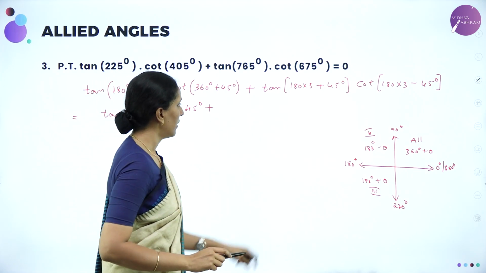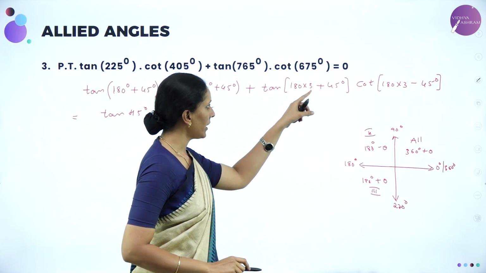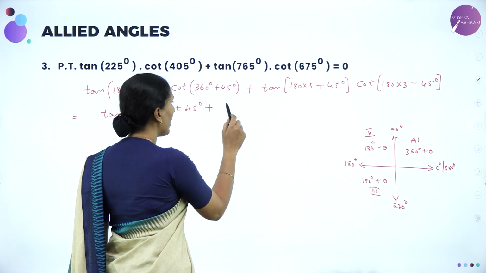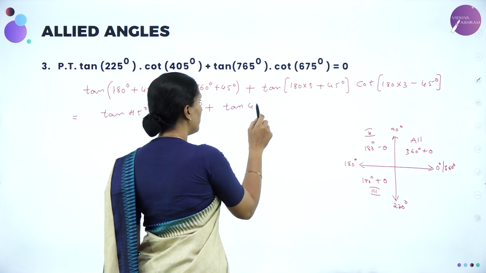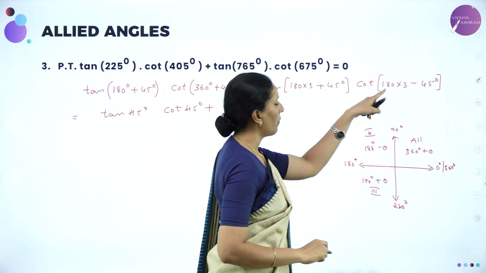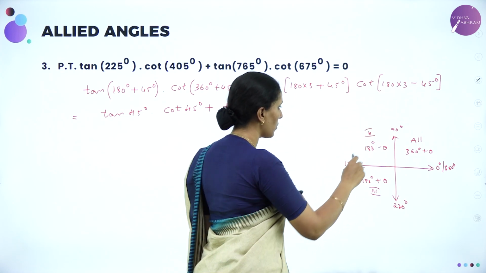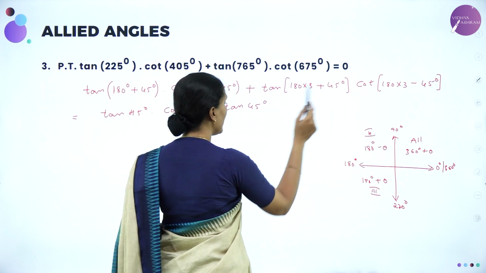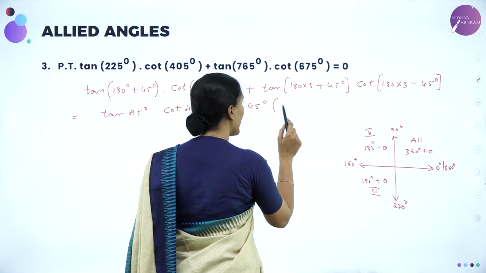Next, tan 180 into 3 plus theta. Again, it falls in the third quadrant. In the third quadrant, tan is positive, so theta also remains the same. The last we have cot 180 into 3 minus 45. 180 minus theta means it lies in the second quadrant, and in the second quadrant cot is negative.